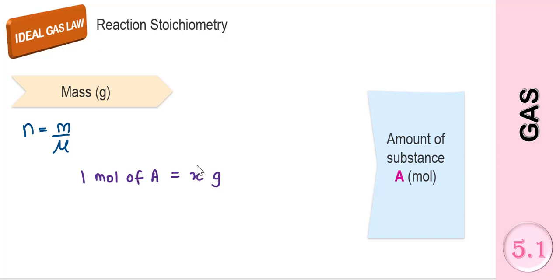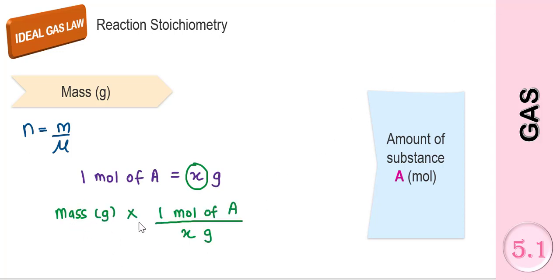So let's put the mass of A here as X gram. So the mass of A in gram times 1 mole of A divided by the X gram of A in 1 mole. So we will cancel out the gram and we will get the moles of A.